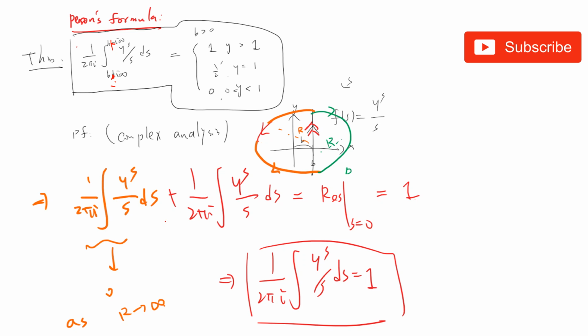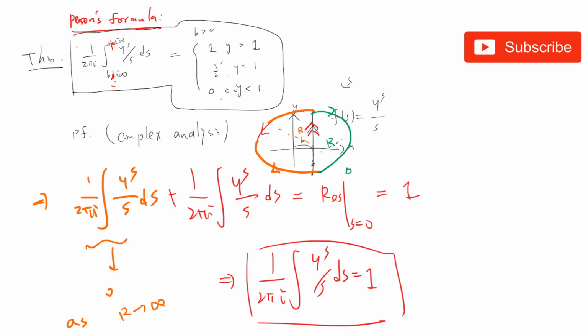By complex analysis, the orange one plus the red one, where red is what we want, equals the residue of f(s) = y^s divided by s. The only pole is s equals 0, so you just put s equals 0, which gives y^0, which is 1.